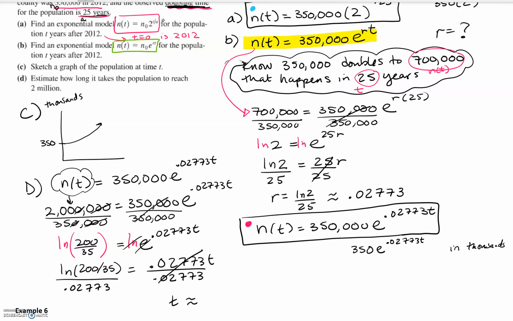So I'm just going to go punch that in, and you guys do it along with me. Divided by 0.02773, and I'm getting approximately 63. The unit was in years, right? In approximately 63 years, the population is going to be 2 million.